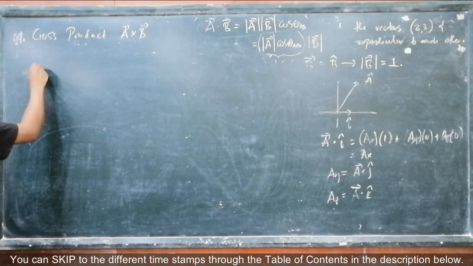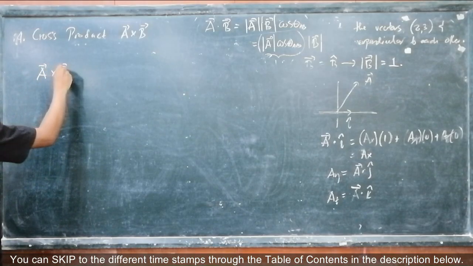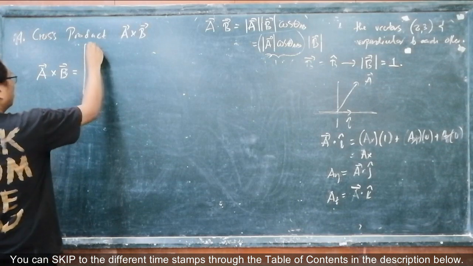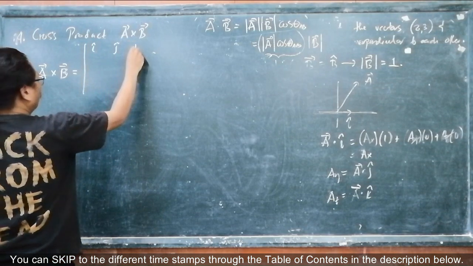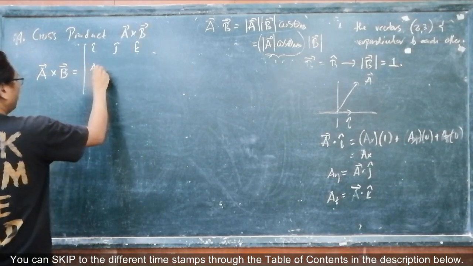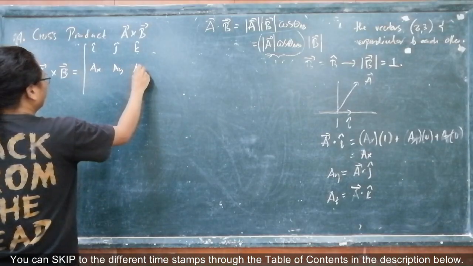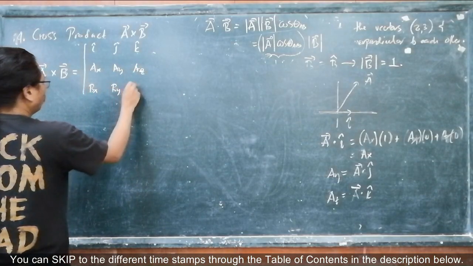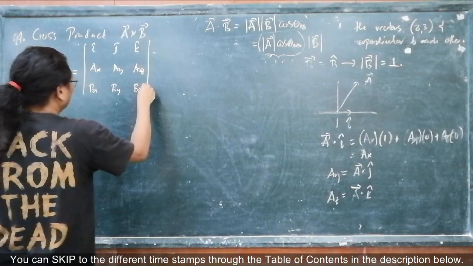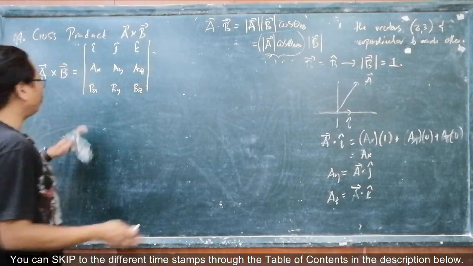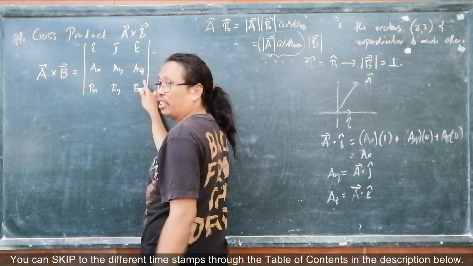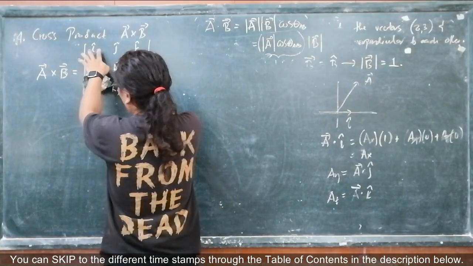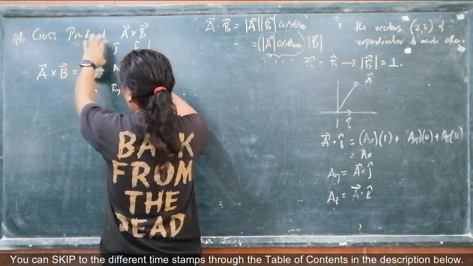This is the definition of that. A cross B is defined as the determinant of the matrix formed by ax, ay, az, bx, by, and bz. Okay, don't worry about this. This is just a determinant, right? You calculate the determinant like this.